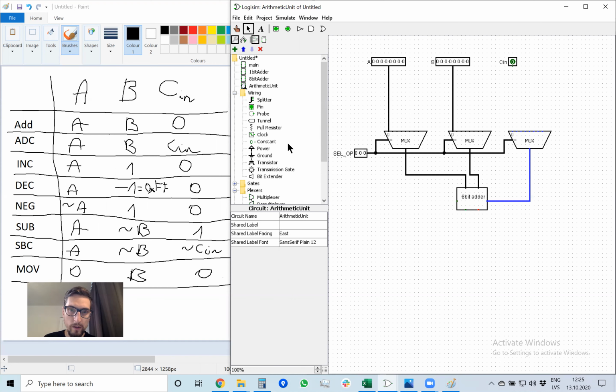Under wiring, you can select constant, place it, select data bits is 1 and value is 0, and it's facing south. So instead of carry in, for the first case, we select 0. And in this case, if we select operation 0, 0, 0, which is add, it forwards A, B, and 0. And the result will be just A plus B, that's all.